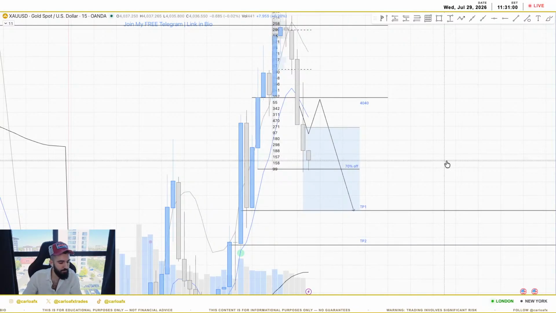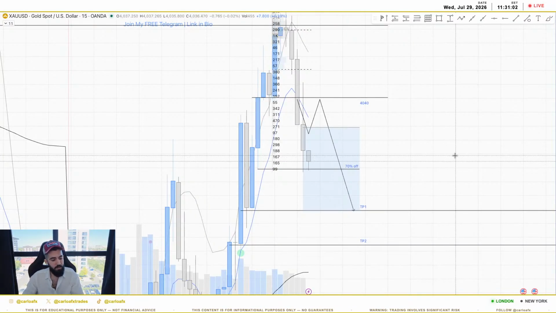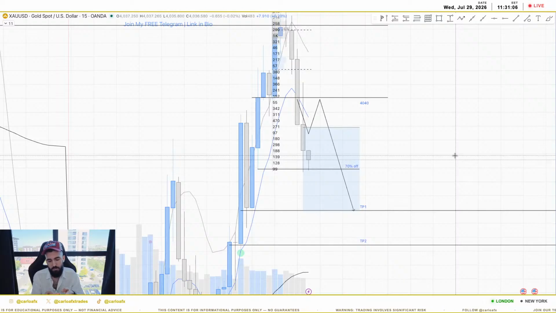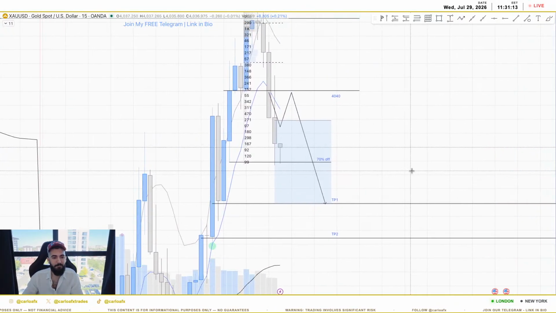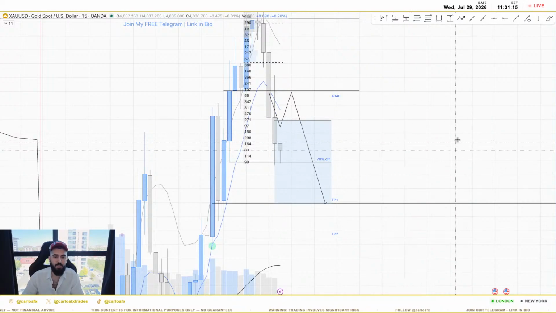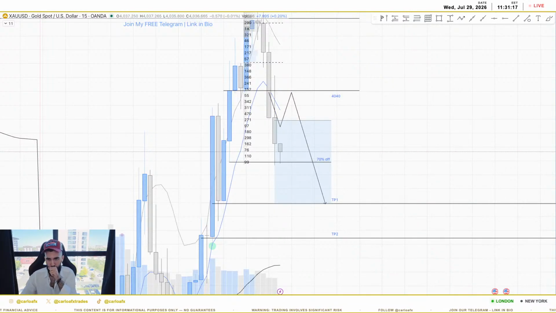Let's wait. Let's see if we have some volume for this candle to move a little bit more down. I want this candle to move at least to take our TP1. If not, the stop loss is on break even, so we don't care.